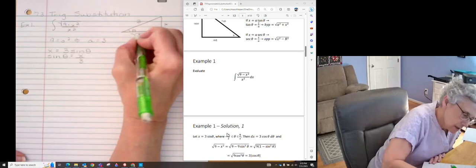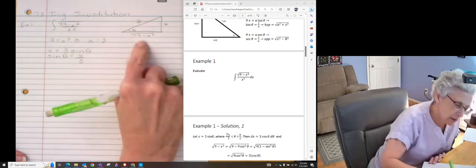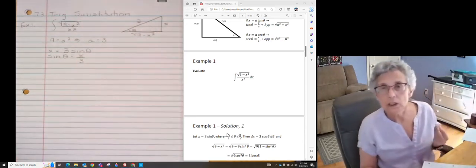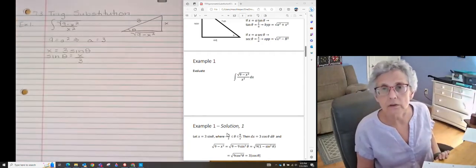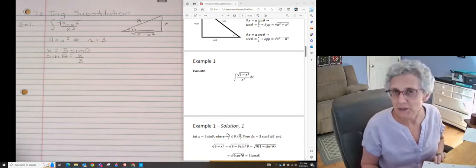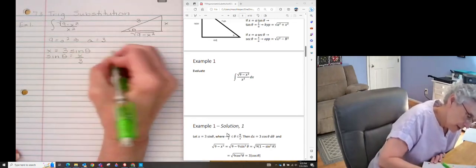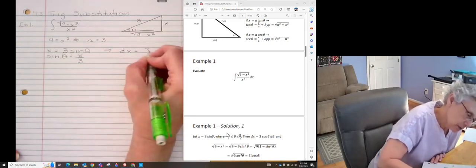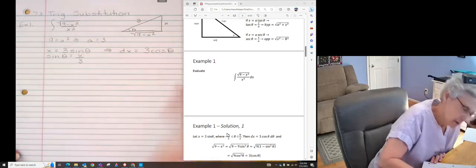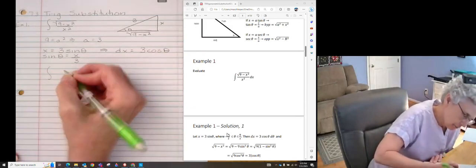That means our adjacent is equal to the square root of hypotenuse squared minus x squared, which is exactly what I see in my original integral that I'm trying to solve. So if x is 3 sine theta, then dx is equal to 3 cosine theta. So let's do some substituting.